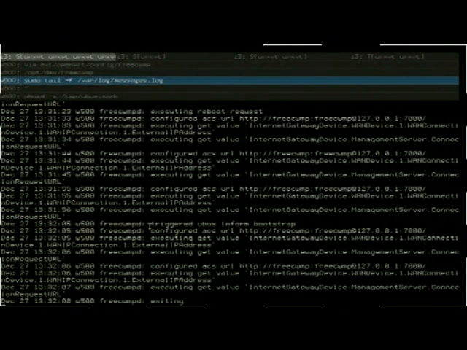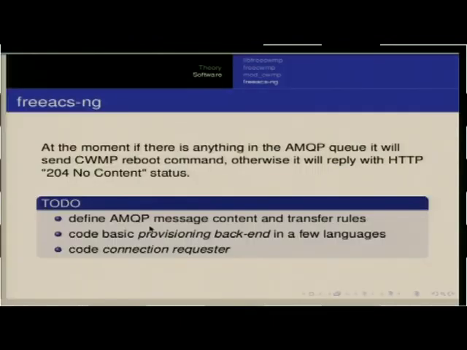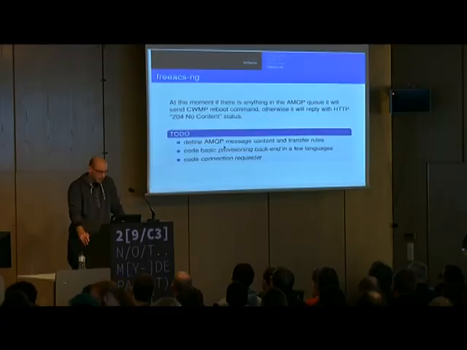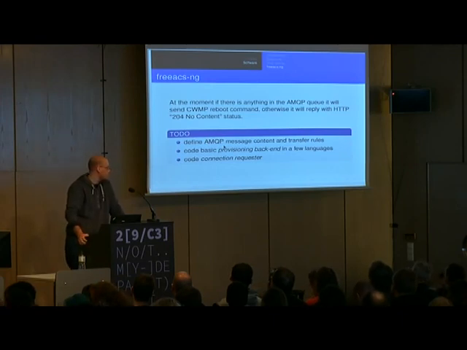So yeah, that's it. If you want to get into it, the best way would be to either configure it with a production ACS or use free ACS if you don't have an alternative.